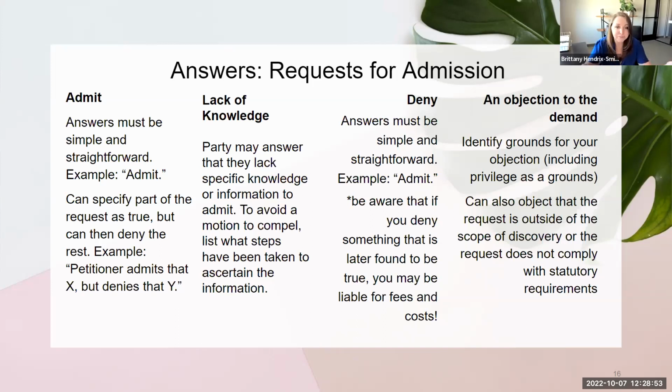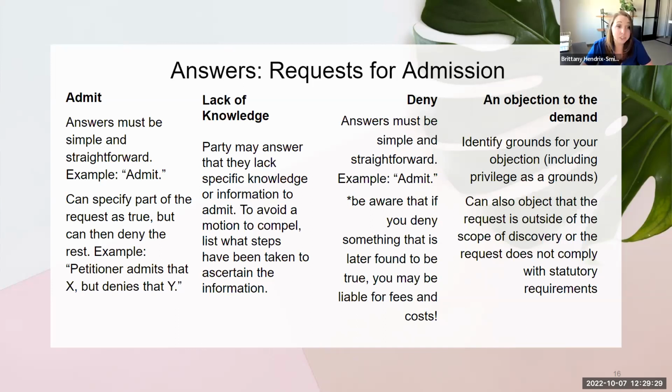You can also do that, but if you play games with deny, you're just going to end up with another batch of admissions from that person asking you again. So when you can be helpful, just be helpful, because there's plenty of things that you can argue about and win on that are not technicalities where you're making another side redistribute their discovery.